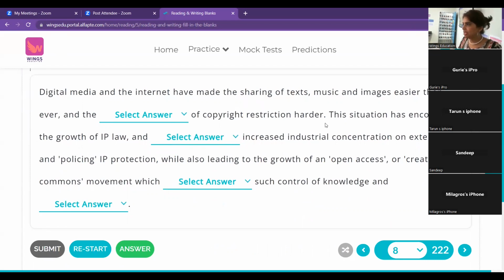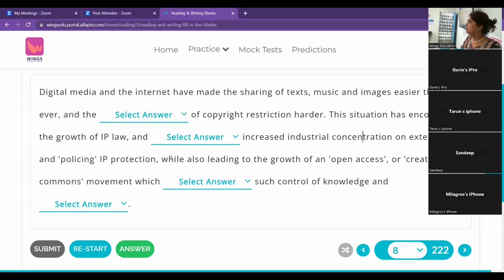Can I get Mila to read from here? Turn on your mic, Mila, and read. Okay, Tarun, you're reading. Hold on, Mila, hold on. Tarun's reading now. Oh, sorry. This situation has encouraged the growth of IP law and increased industrial construction on the extending and the policing of IP protection.